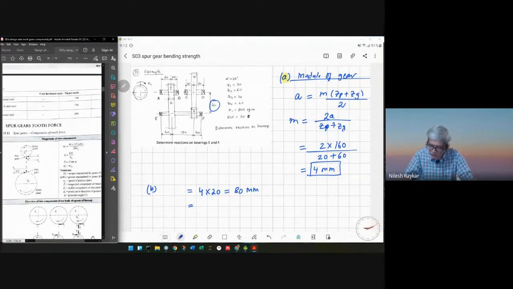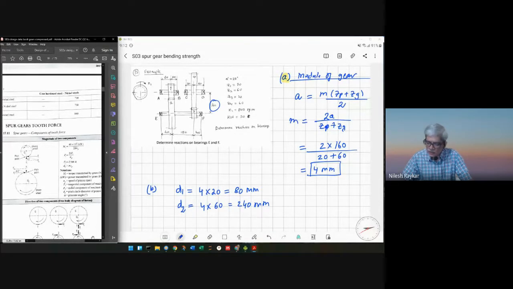So let me call them directly D1. So D1 is the pitch circle diameter of first gear and D2 is the pitch circle diameter of second gear. So 4 into 60, that is 240 millimeters. So now we have all the information. The formula you can see on the left hand side of the figure, and we can determine the magnitude of tangential and radial force on gear 2 and gear 3.